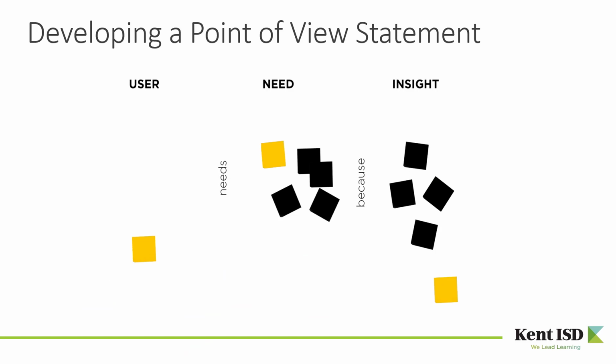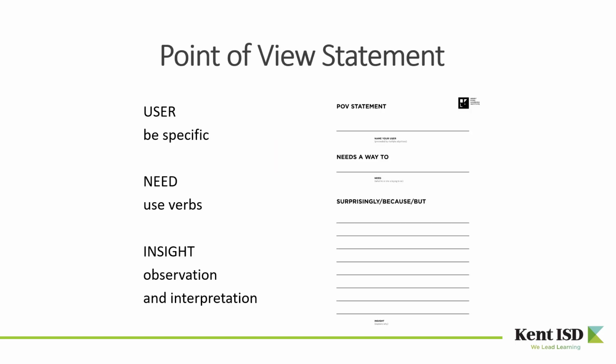So by looking at the data you've collected and reframing the problem statement to meet that one or two needs of a single user, or even a persona that represents a person, as well as all the insights that you gain by looking at their real motivations, you'll be able to create a clear, concise point of view statement. This is what one would look like transferred to your POV statement.